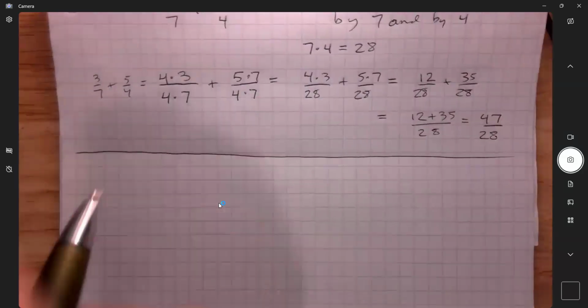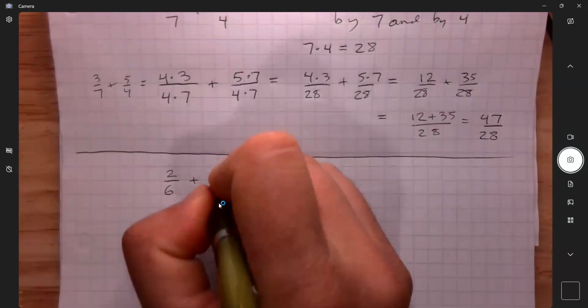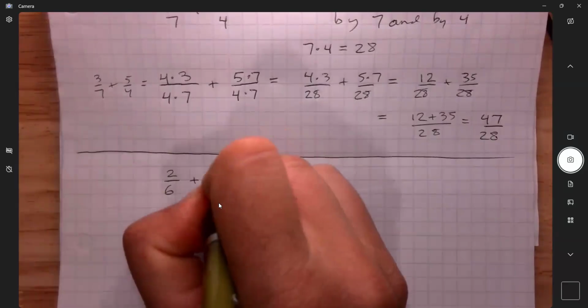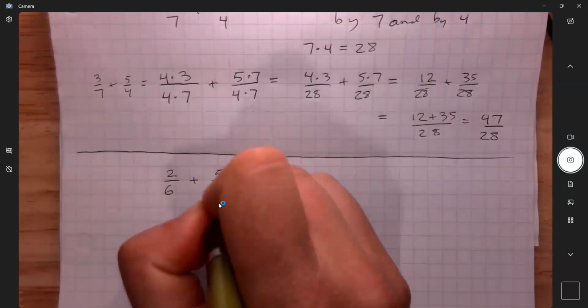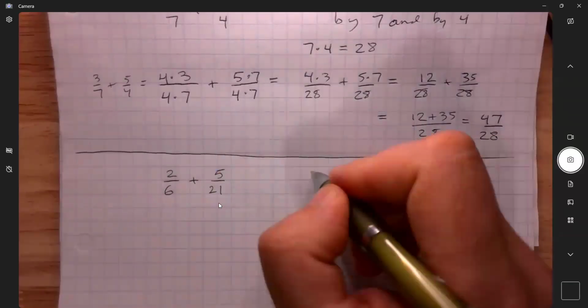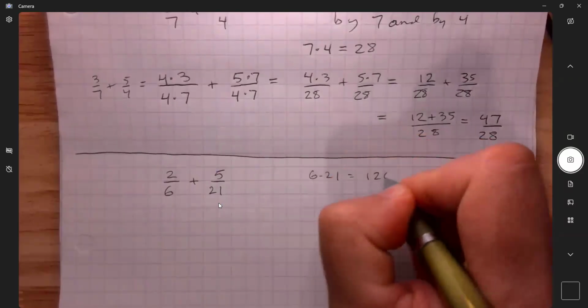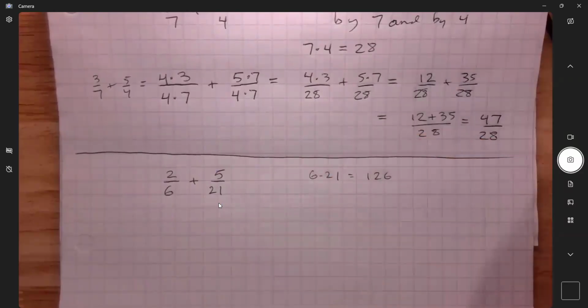So let's say I want to add 2/6 plus 5/21. I could definitely do 6 times 21, which is 126. That would work.